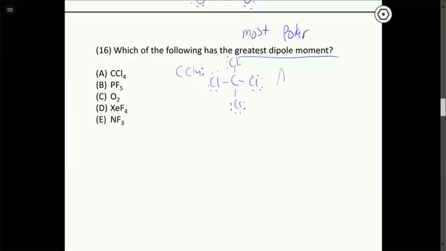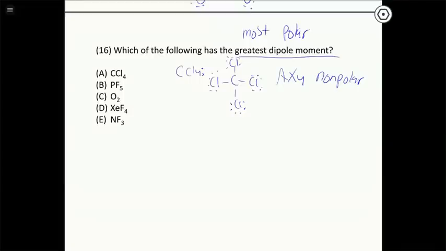So this one is AX4, and remember that all of the geometries that are AX whatever with no lone pairs, AX2, AX3, AX4, AX5, AX6, if there's no lone pairs on the central atom and all of the X's are the same, like they are here, they're all chlorines, those are all nonpolar. Okay, so that one's nonpolar.